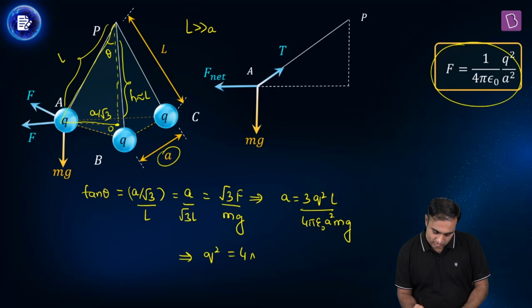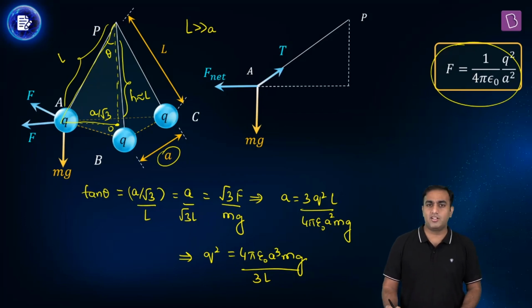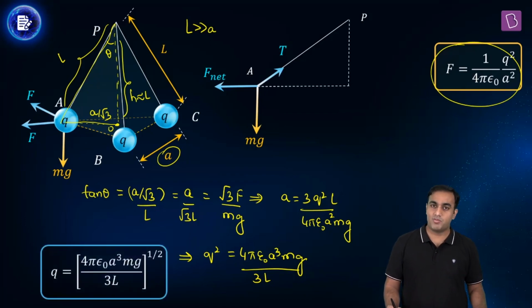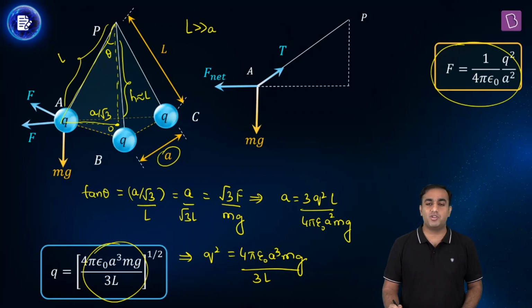You will get 4 pi epsilon naught A cube mg divided by 3L. What do we need? We need small q. So we need to take the square root on both sides, and that will fetch us the value of small q. How much is it? 4 pi epsilon naught A cube mg divided by 3L, and the whole thing under square root.